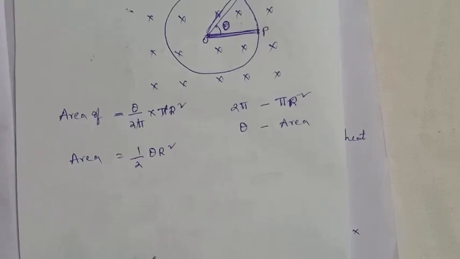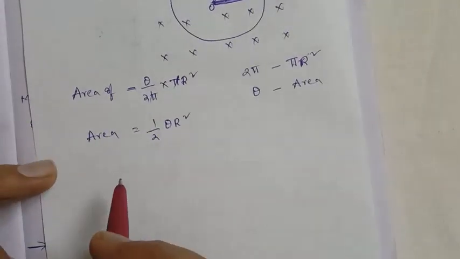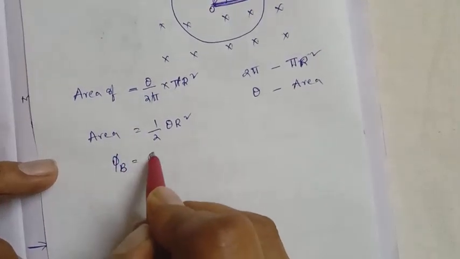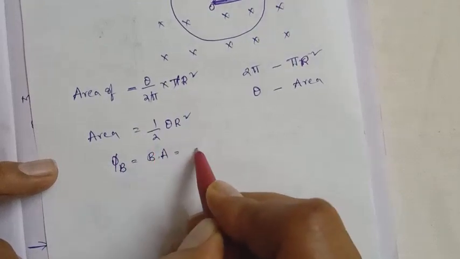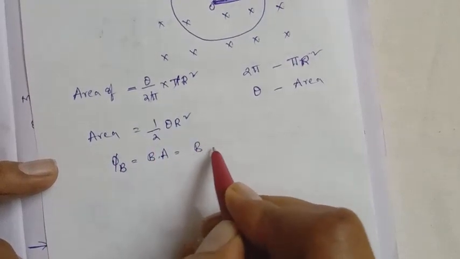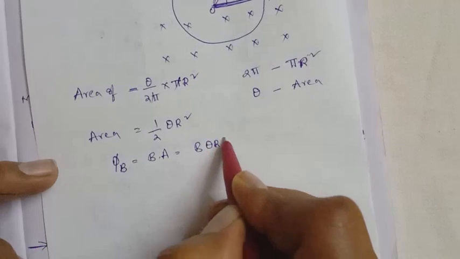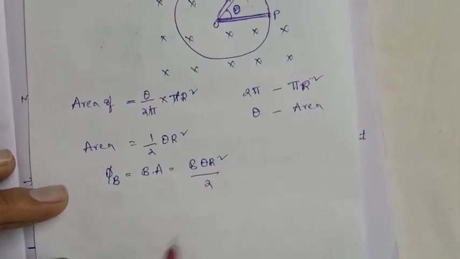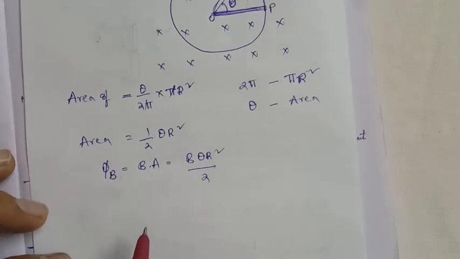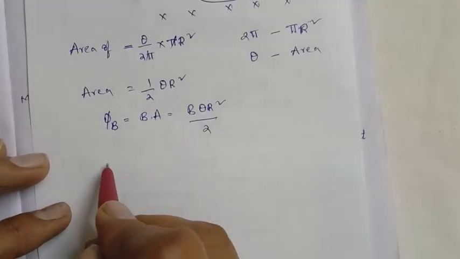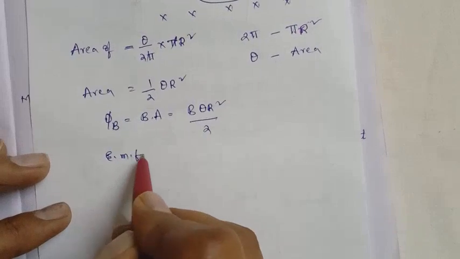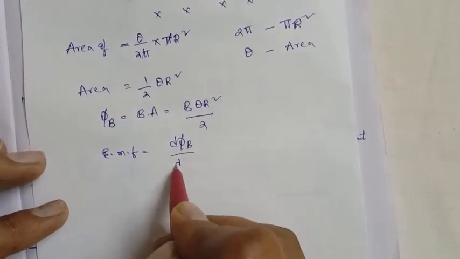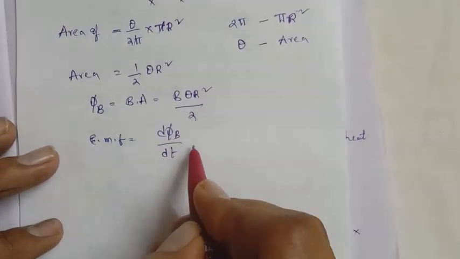Then what is the magnetic flux? Phi B is equal to B dot A, which is B theta R square by 2. According to Faraday's law of induction, the induced EMF is d phi B by dt. Don't worry about the sign now.